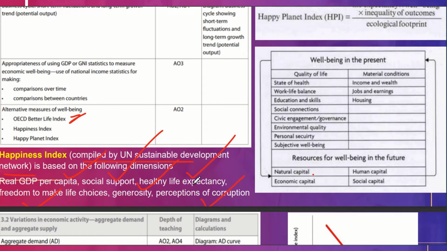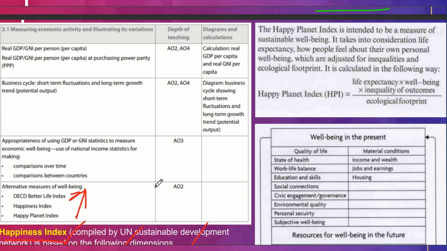These are the components; six components are included in the Happiness Index. GDP per capita is an inevitable component in all three methods of measuring economic well-being.